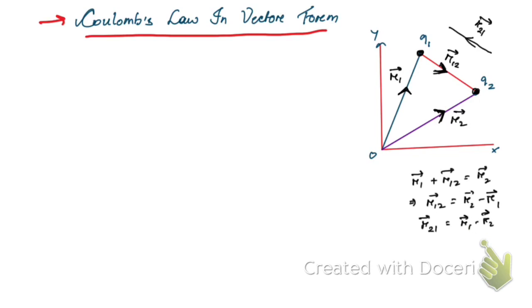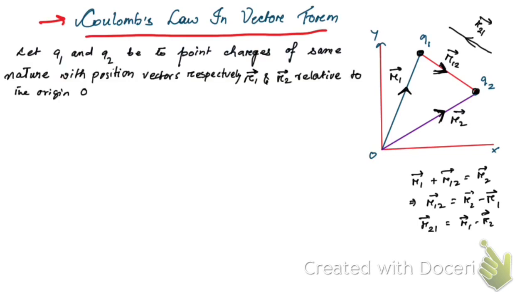Let me write what I have considered here. We have considered q1 and q2 to be two point charges of the same nature, that means either both positive or both negative, with position vectors r1 and r2 respectively relative to some origin O. Let the force exerted by q2 on q1 be F12.